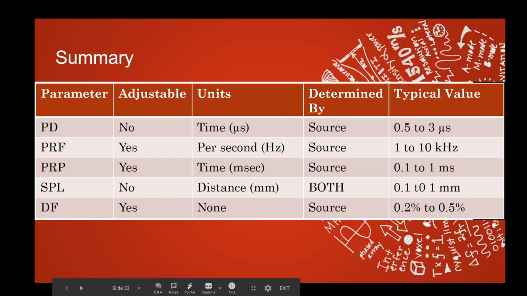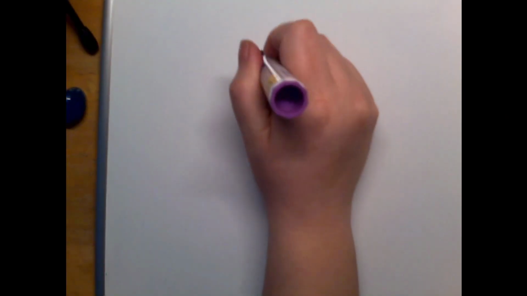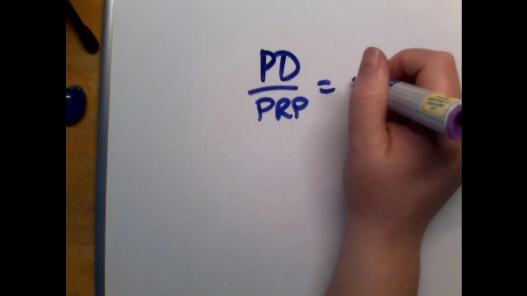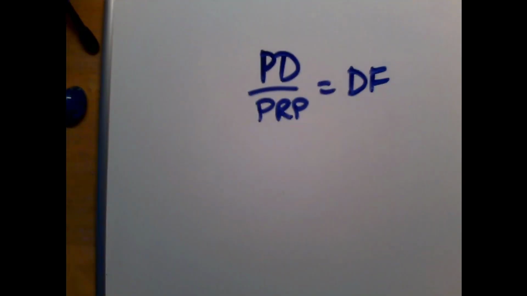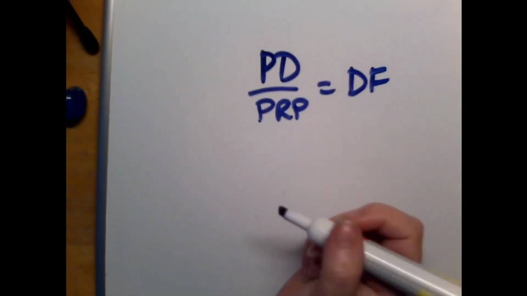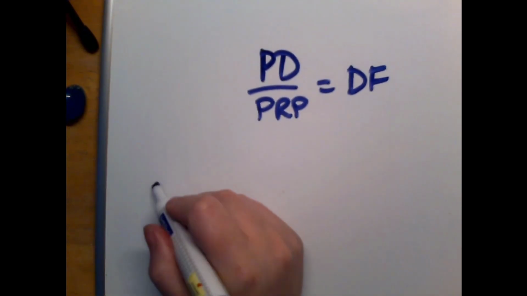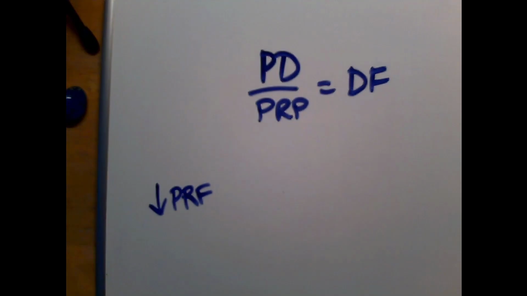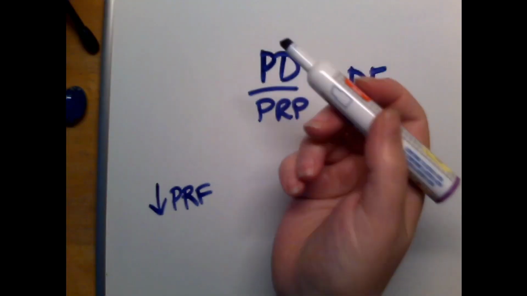Let's take a look just as an example. Say you remember that pulse duration over PRP is our duty factor. Say you remember that formula loosely, and then I say the PRF is decreased. What happens to the duty factor? Well, maybe you can't remember off the top of your head how they're related, but you do remember the formula. So we can plug numbers in.